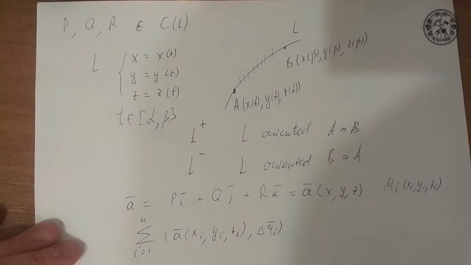If we make delta ri very small and the number of pieces infinitely large, we will get our line integral definition.